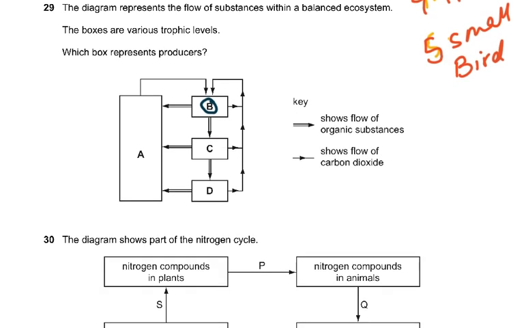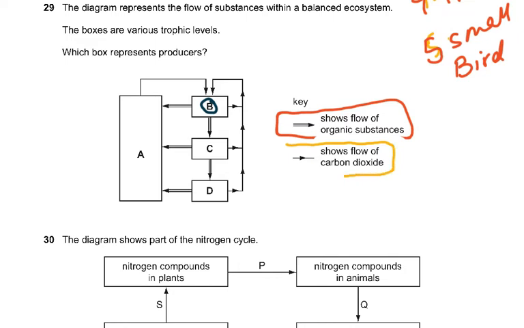Then the diagram represents the flow of substances within a balanced ecosystem. The boxes are various trophic levels. Which box represents producers? Now you've got to understand that producers are the first trophic level. The key that was given shows flow of organic substances, this double-lined arrow, and this one shows the flow of carbon dioxide. Very clearly you can differentiate between the two.